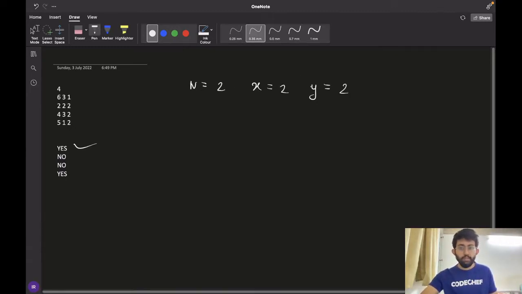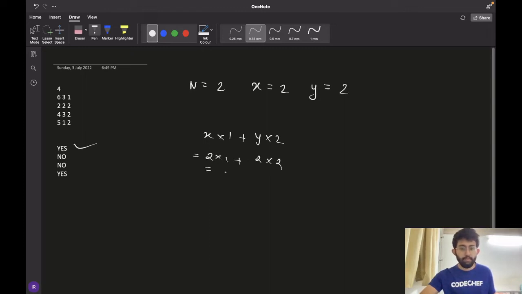So the total space required by us would be x multiplied by 1 plus y multiplied by 2, which is 2 into 1 plus 2 into 2, which is 6, and we have to check whether it is less than or equal to n, and n is 2 in this case. So as this is false, the answer is no.